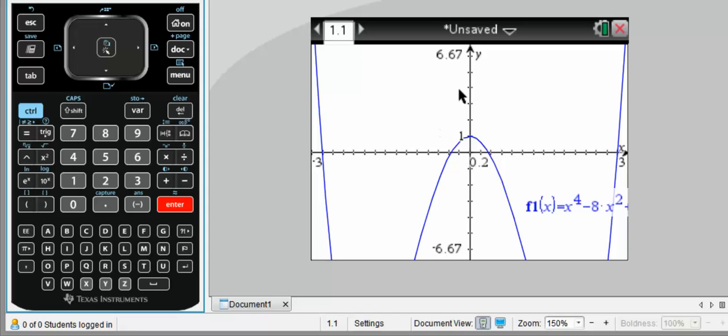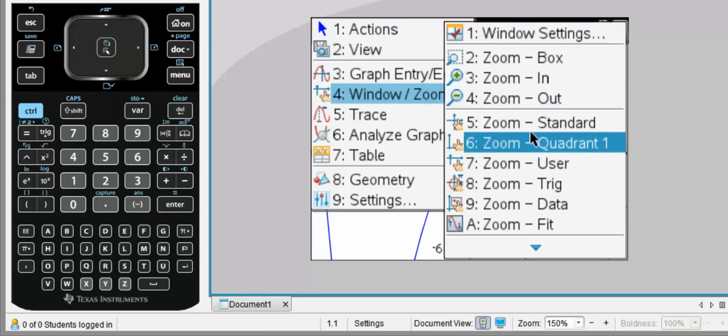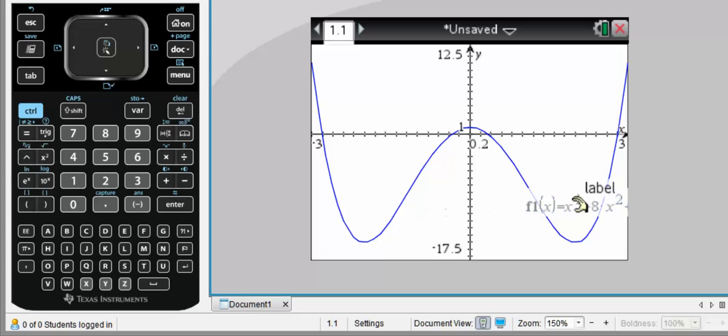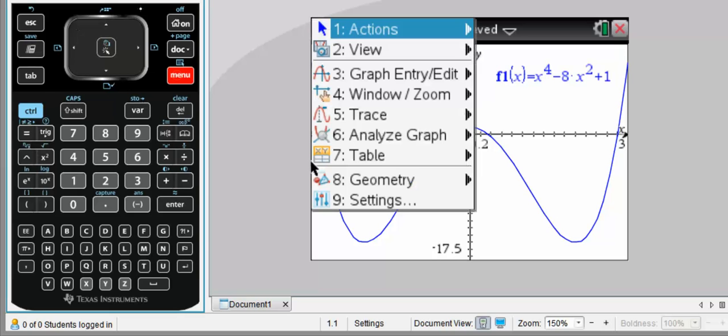And the nice thing about this calculator is we can set the vertical zoom, or the range of values in this vertical direction, by allowing the window to fit the X direction. And that's what this command does for us. So menu 4, and then option A for zoom fit. And what that does is it reduces the values in the Y direction, so that we can see the rest of the shape of the graph.